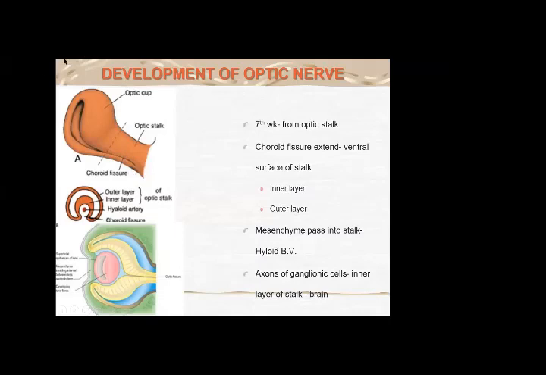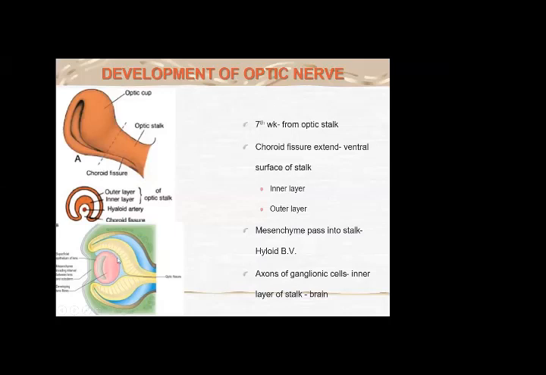Now, this is the inner layer of the optic cup. The inner layer of the optic cup, innermost layer I told you was the ganglion cell layer. I told you just now. And this ganglion cell layer, its axons develop into optic nerve fibers. So this is the area where you have the ganglion cell layer.